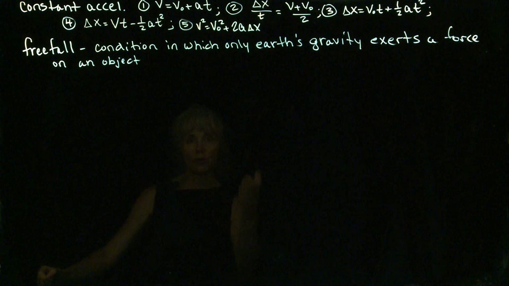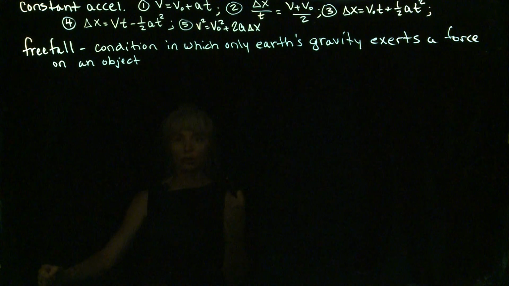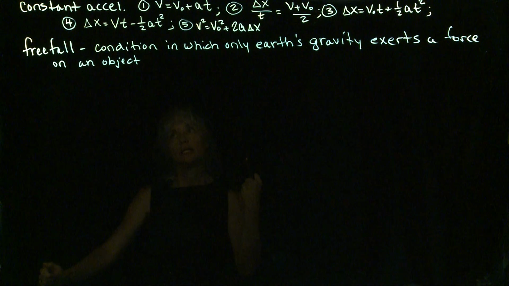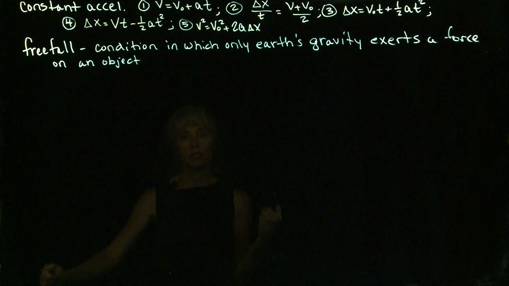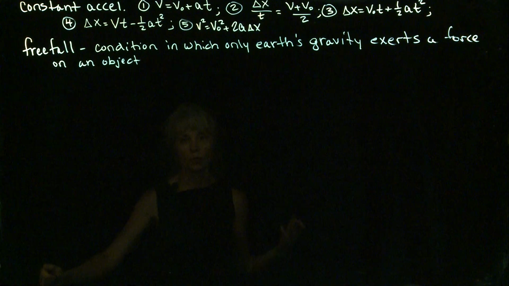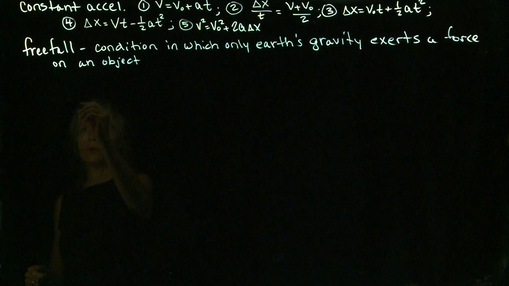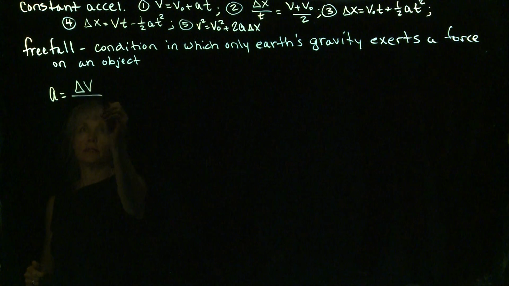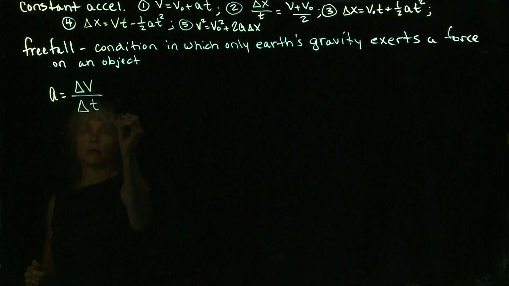So the Earth is always trying to pull things vertically downward into its core, and the rate at which objects experience an acceleration or change their velocity is the same for all objects when they're in a state of free fall. So remember that acceleration is a change in velocity over a change in time.